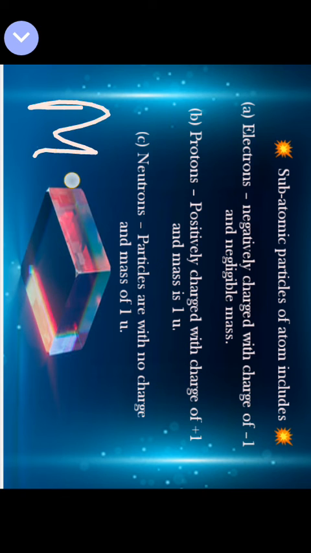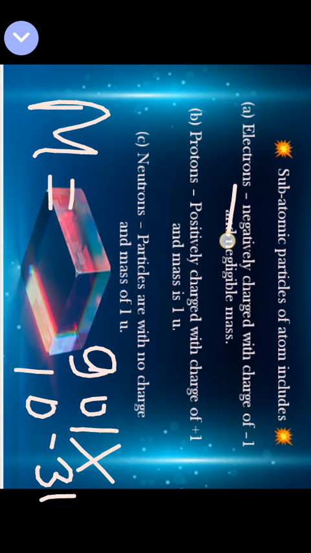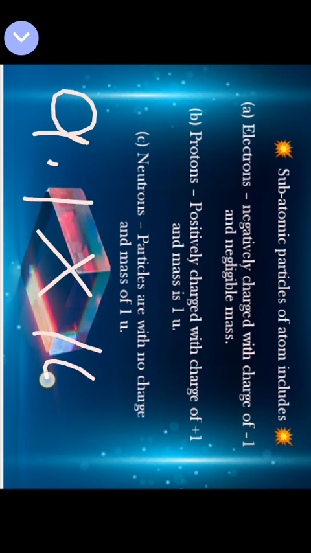Write carefully everyone: 9.1 into 10 to the power -31 kg. Don't forget the minus, because it is a negatively charged particle. Again, 9.1 into 10 to the power -31 kg.